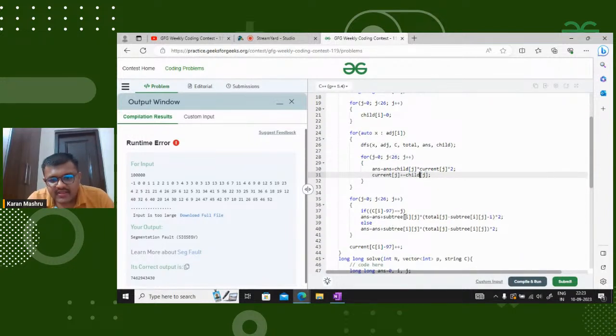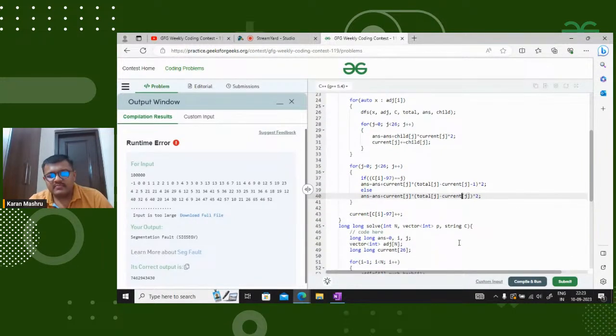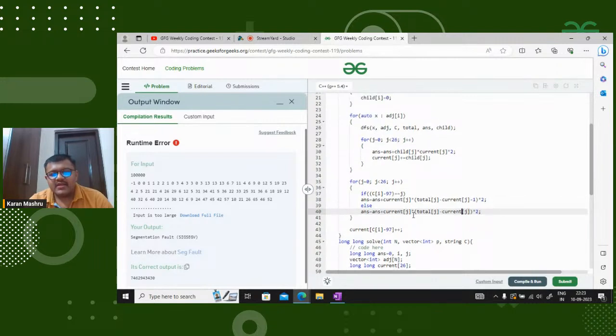And similarly here this would be current of j into total of j minus current of j minus 1 star 2, and this would be current of j multiplied by current of j, right? And here I am incrementing the count.